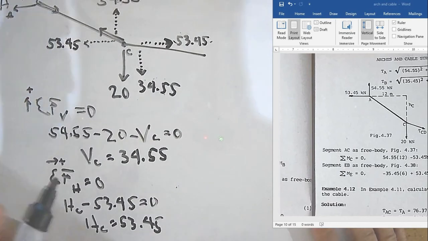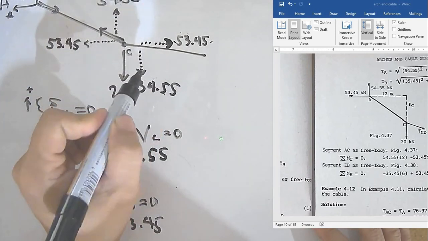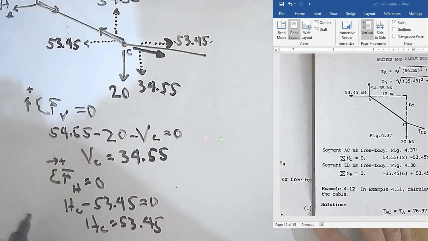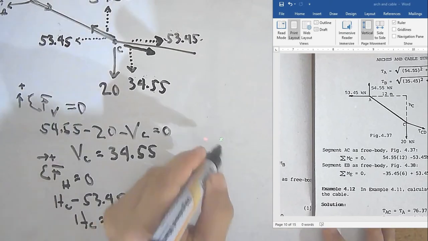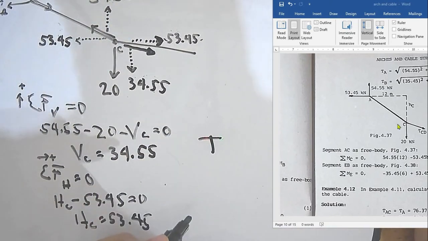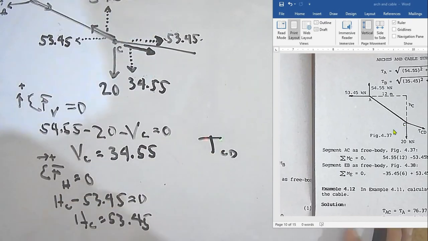Okay? Ngayon, pwede na nating solvein, since meron na tayong horizontal at vertical component, we can now solve for tension at point C, or that is T, that is TCD. Okay?